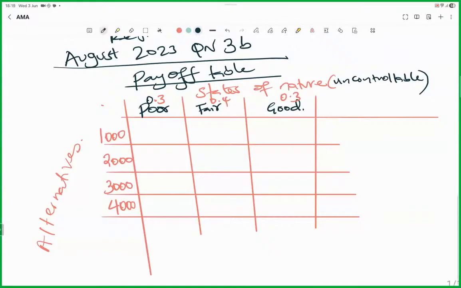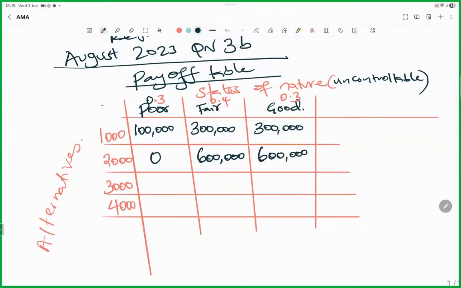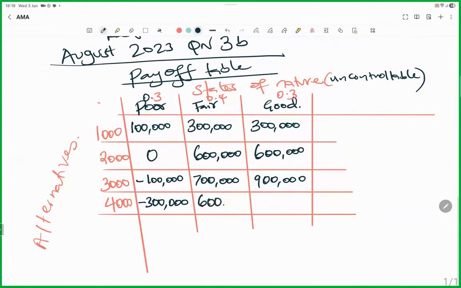So here I can see 100,000, 300,000, 300,000 again, 600,000, 600,000, a loss of 100,000, 700,000, then lastly 900,000 for this action line, minus 300,000, 600,000, 1.2 million. So the profits are given there.